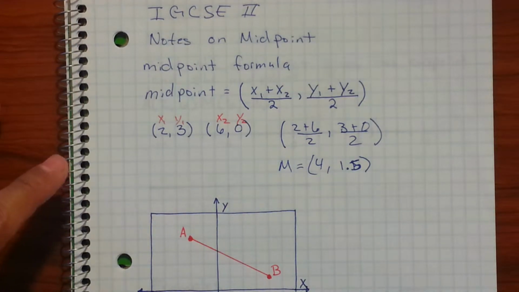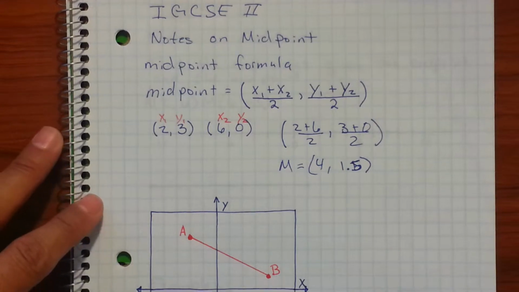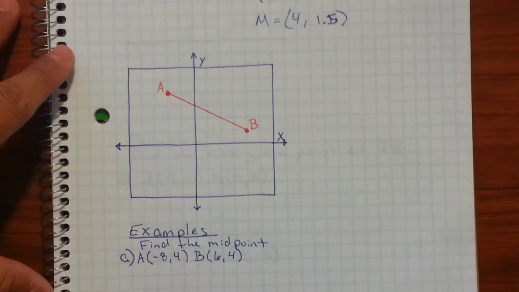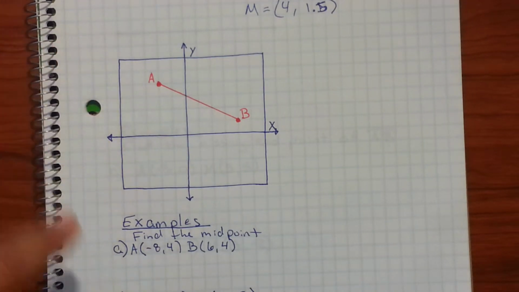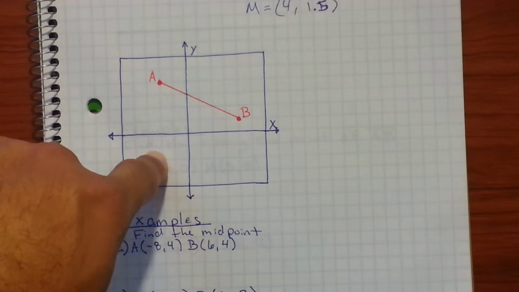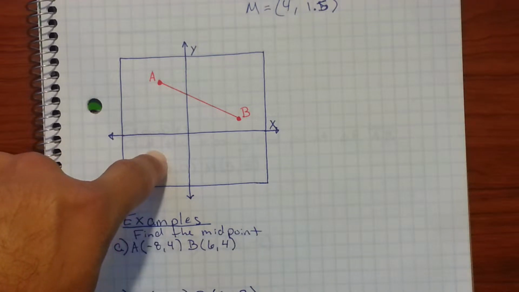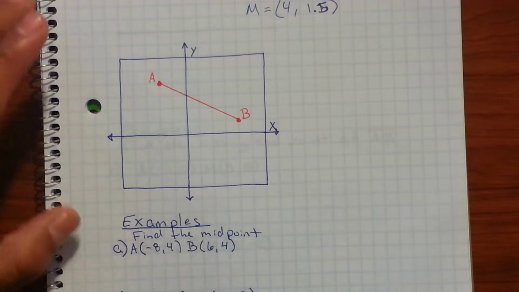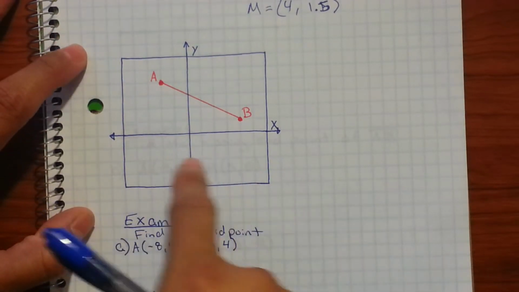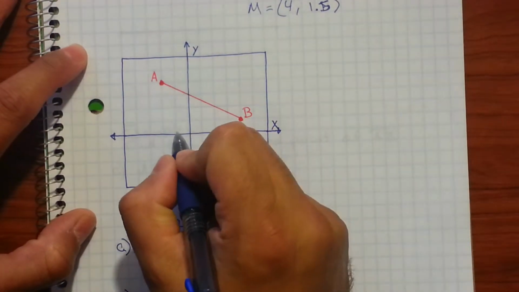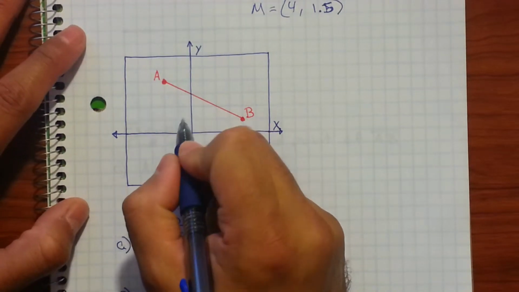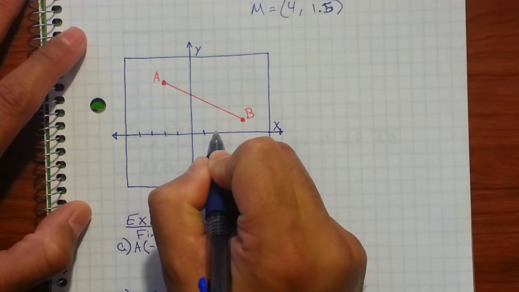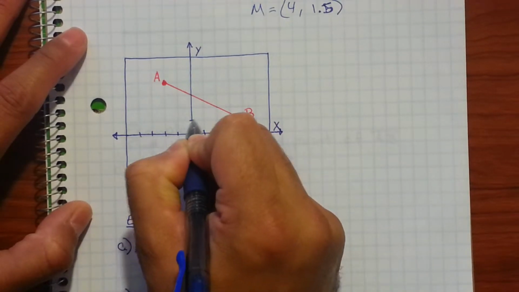Now let's take a look at another problem. On this problem, I'm just given a graph, and given this graph, you're going to go through and try to find everything that you need. So first thing I'm going to do is find the coordinates. If you can see this on my graph, I'll darken these parts right here to see my points.